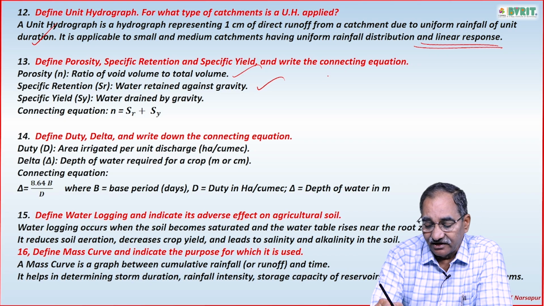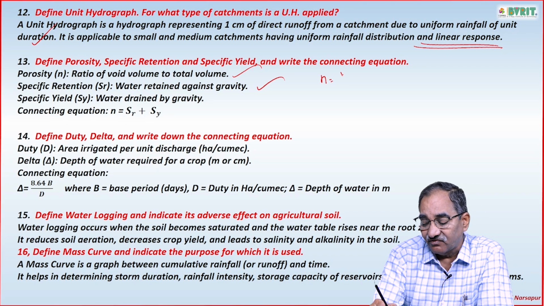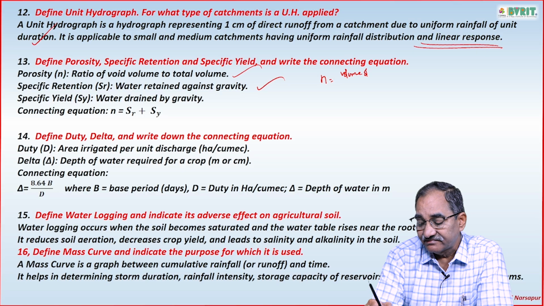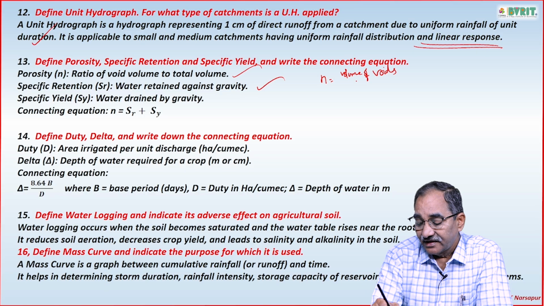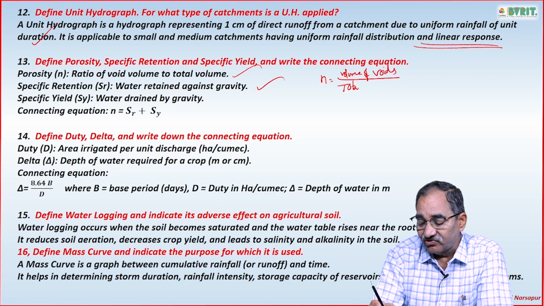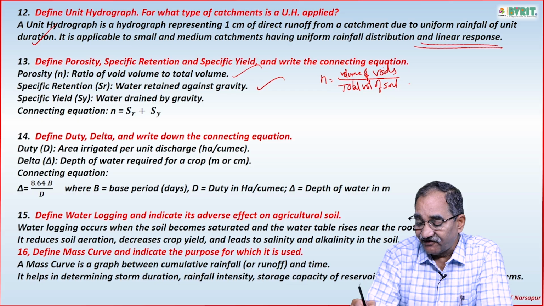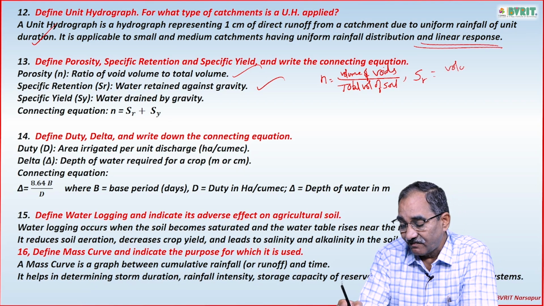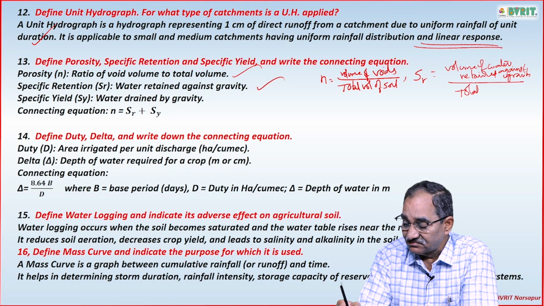If I write, porosity n is equal to volume of voids divided by total volume of soil. This is the first one. Specific retention means volume of water retained against gravity by total volume.